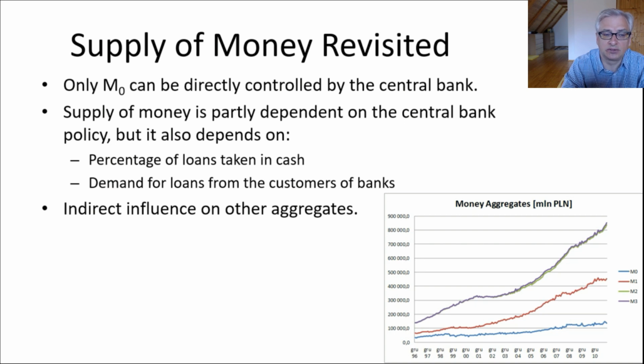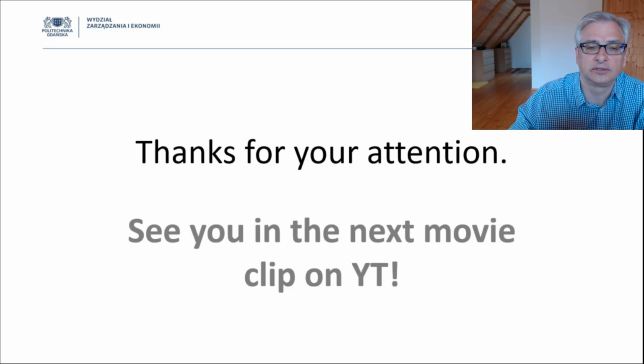Other parts of the money supply can be indirectly influenced by the central bank, but they cannot be fully controlled. So if the central bank is to decide upon the supply of money, this task doesn't seem to be very simple, and we are going to discuss it in the next lectures.